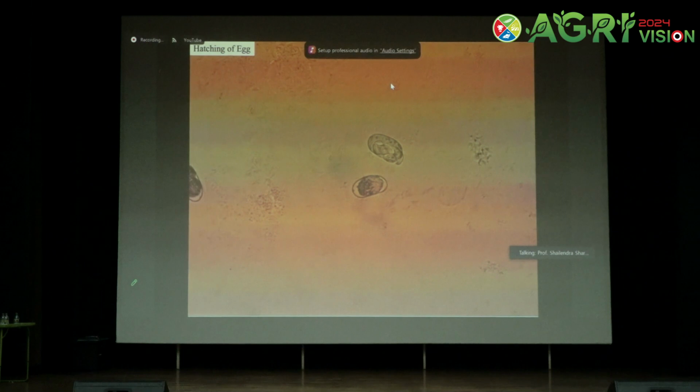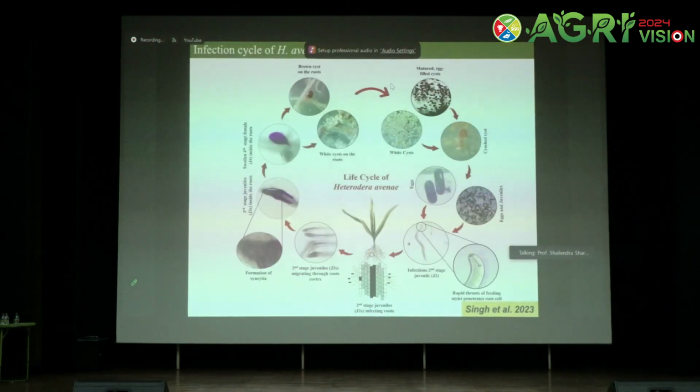I think we don't need to show more. I gave the video presentation for Heterodera schachtii. For Heterodera avenae it is also more or less the same. These are pictures from our lab experiments, showing the life cycle of Heterodera avenae. On the right-hand side, you can see the number of cysts.